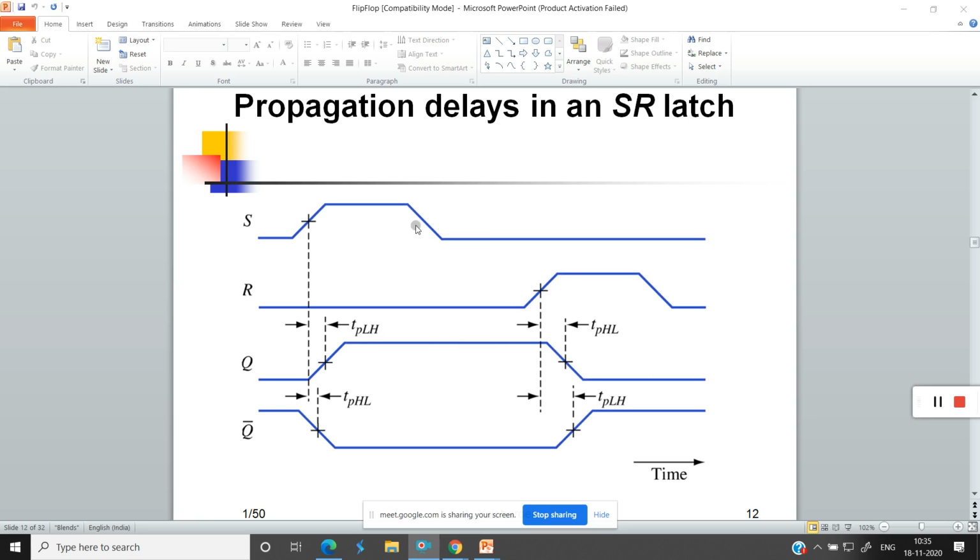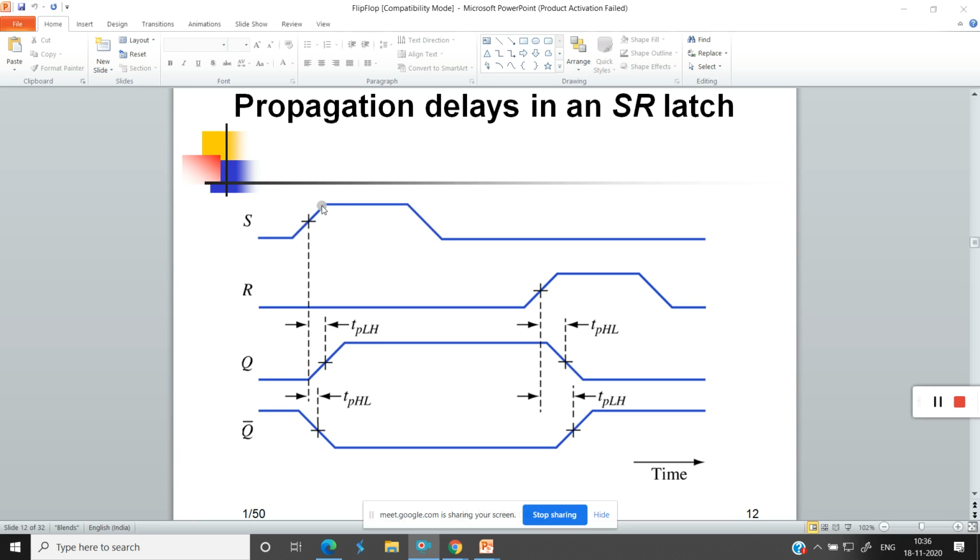So we are going to consider when S is 1 and when R is 1. Students, you can see here we are considering the midpoints. This is known as rise time: going from logic 0 to logic 1. Going from logic 1 to logic 0 is the fall time.